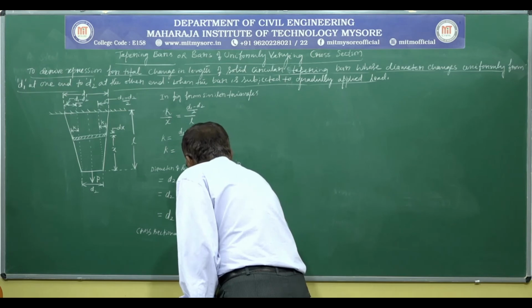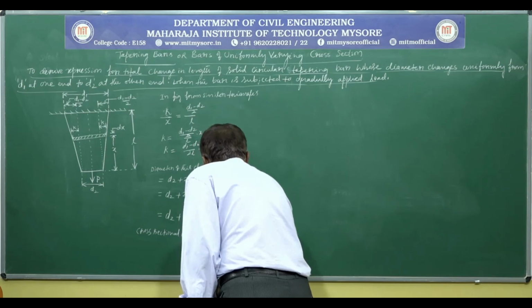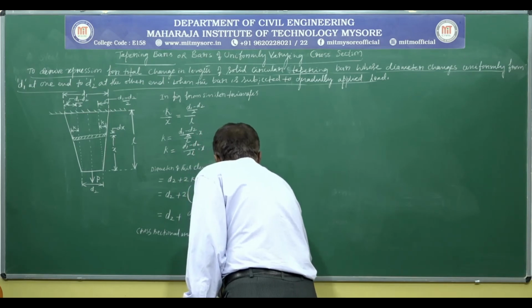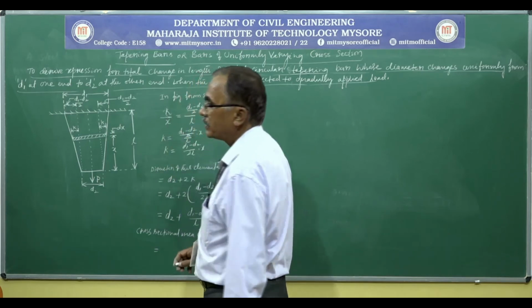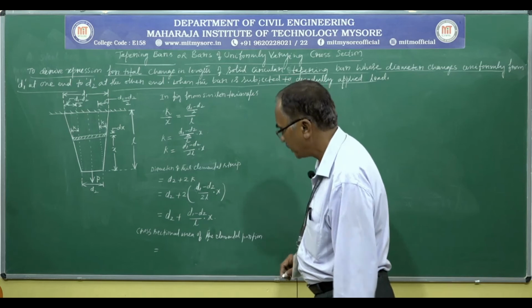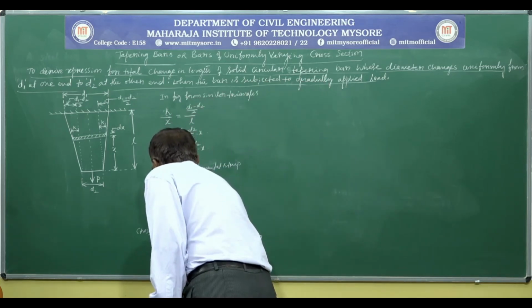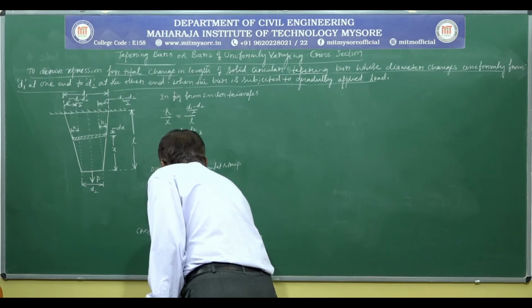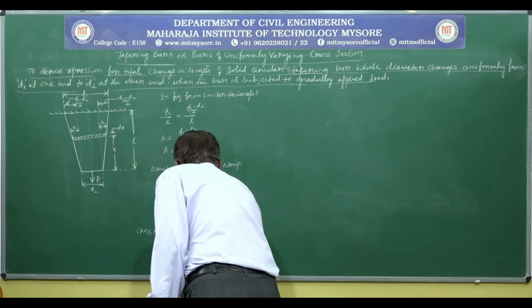Since it is a solid circular section at every level, we can write it as pi by 4 into (d2 plus (d1 minus d2) divided by L into x) whole square.